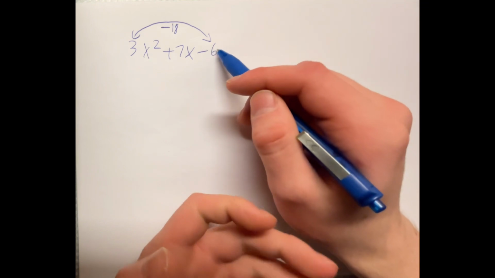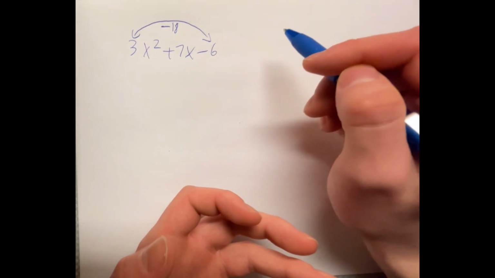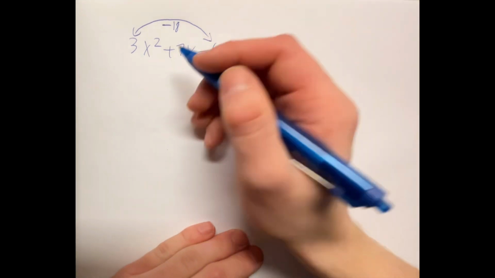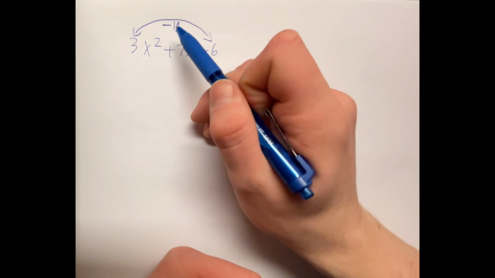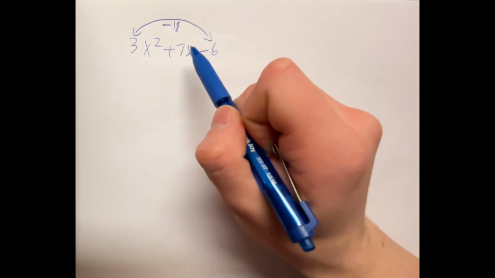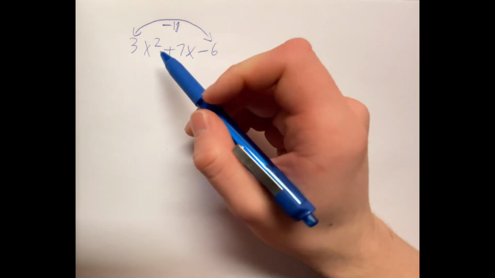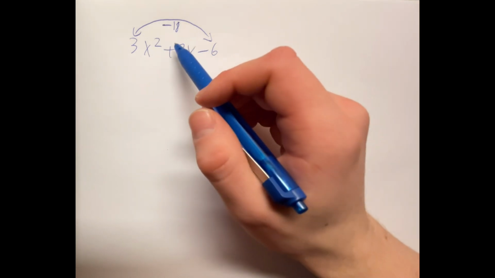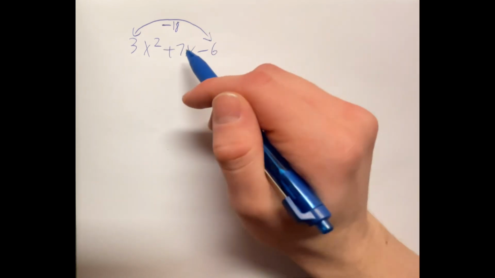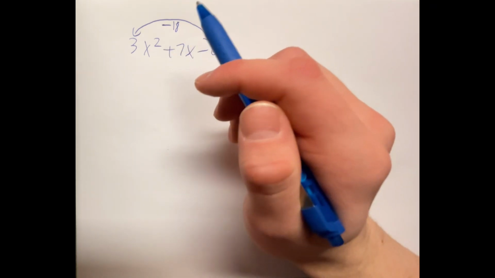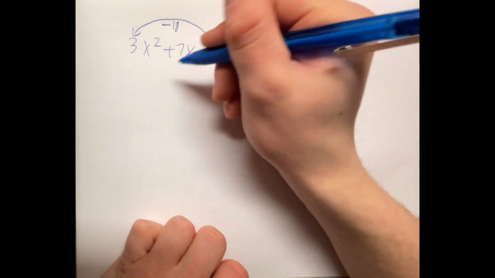Negative 6 plus negative 6 is negative 12, plus negative 6 would be negative 18. Now we want to find what multiplies to get negative 18 and what adds to get 7. Again, we can choose 9 and negative 2. 9 minus 2 equals 7, and 9 times negative 2 equals negative 18.